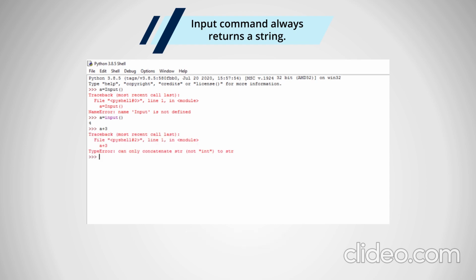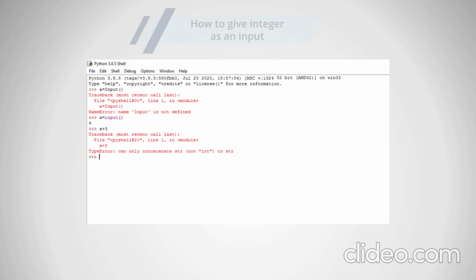This shows error since any input given in the input command is considered as string or, in simple terms, a word, even if we have entered the integer 4 in the example. To convert any number entered after the input command to an integer, we can use int command. Or else, we can simply use the input command within the int command.